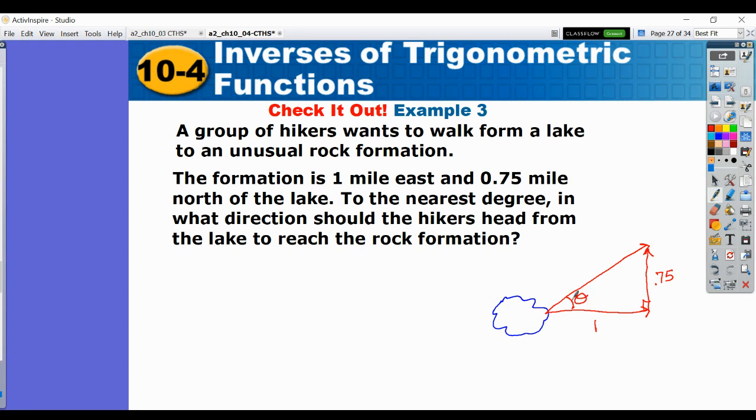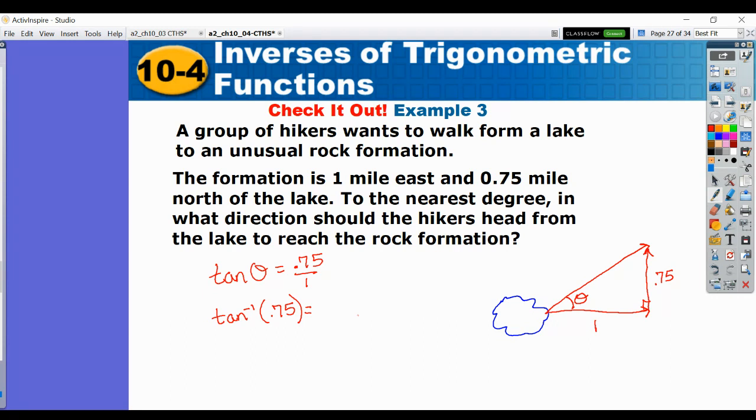So SOHCAHTOA again, this time I have opposite and adjacent, which is tangent of theta is 0.75 over 1, which is 0.75. So to type it in my calculator, I'm going to do the inverse tangent of 0.75, in degree mode because we want to know what that would be.